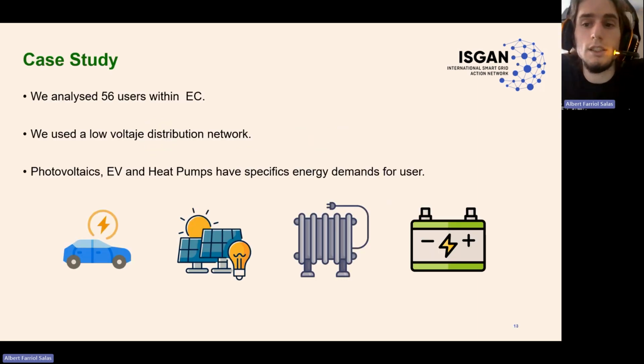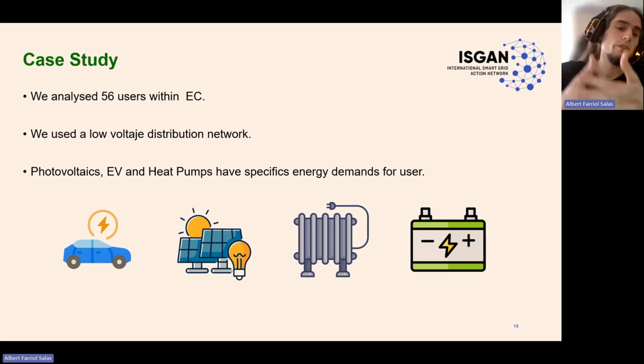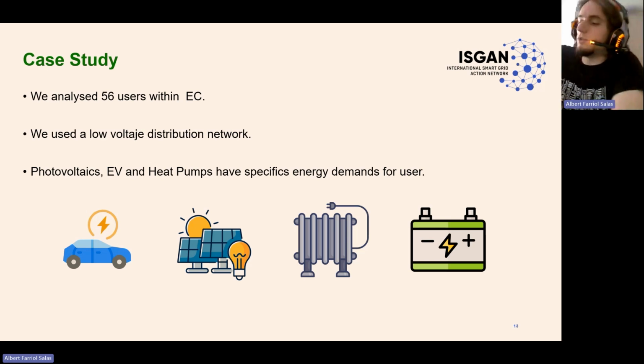So we analyzed one energy community. In this energy community, we analyzed 56 users. We used a low voltage distribution network, and here, sorry, my cat.